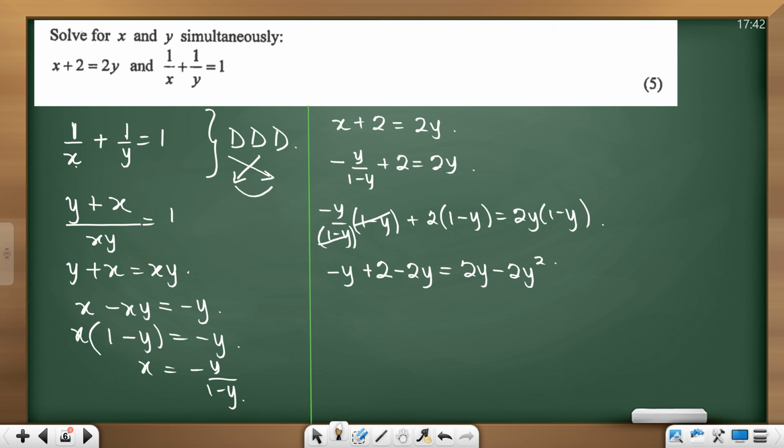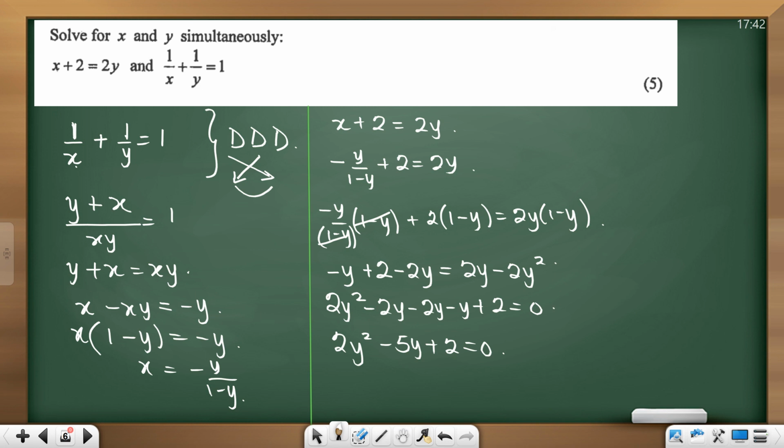Don't rush. Take your time. Once you start rushing, things are going to go wrong. By 2y squared, it becomes positive. Y minus 2y minus y plus 2. All right, what do we have? 2y squared minus 5y plus 2.